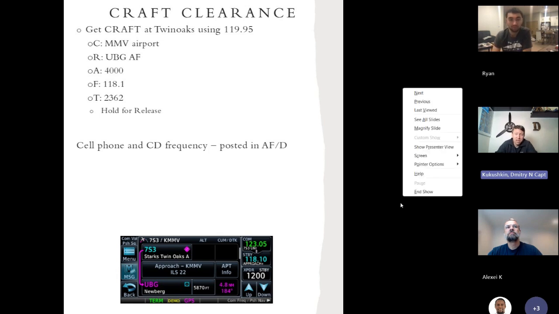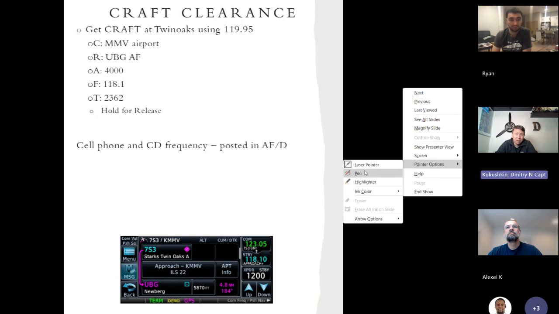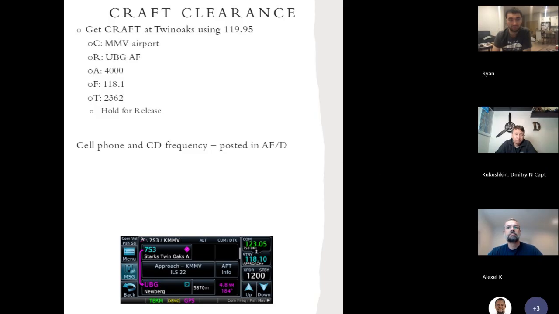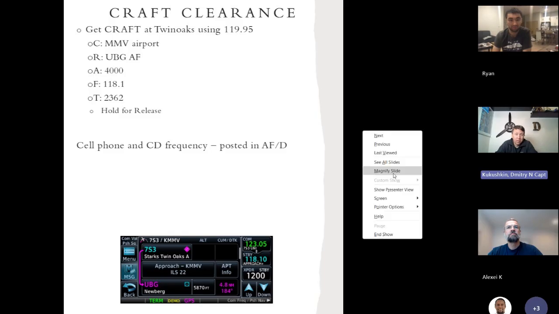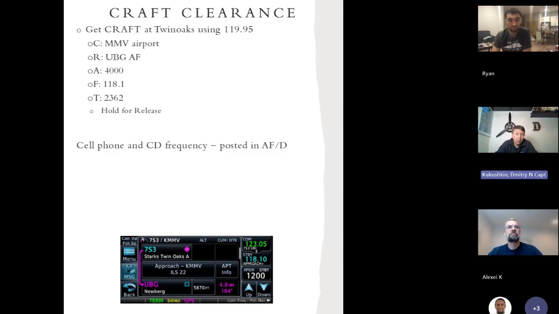And this is something that, remembering back at the ground school that I took, they really made us practice writing, because the clearance you hear on the radio goes pretty quick. But they will always follow the same format, so you need to know what to expect.